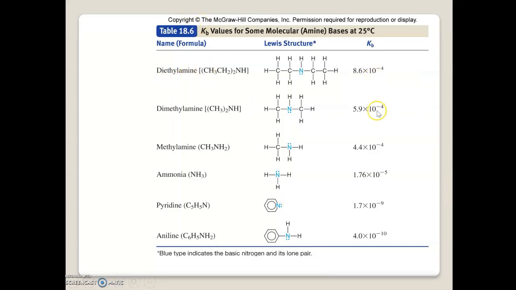The higher the Kb value, the stronger the base, meaning that during the reaction of the base in water, they liberate more hydroxide compared to the ones with a lower Kb value. For example, in this case, aniline is the weakest one because it has the lowest Kb value, which shows that aniline produces the least amount of hydroxide during the reaction with water.